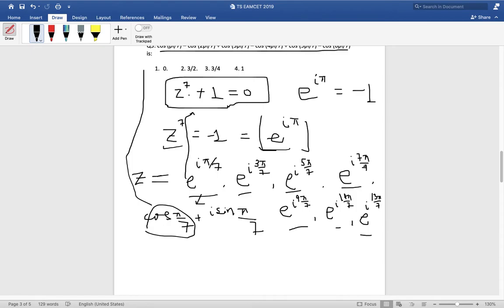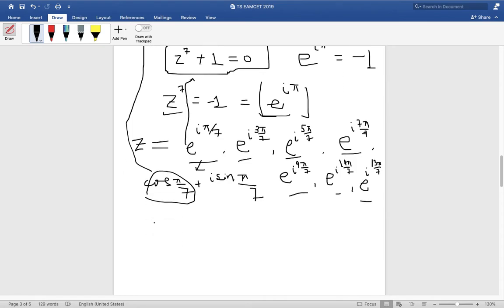So the sum of the roots should be 0. So all of these added will be 0. Right? So e to the power iota pi by 7 plus e to the power iota 3 pi by 7 plus e to the power iota 5 pi by 7 plus e to the power iota 7 pi by 7 plus e to the power iota 9 pi by 7 plus 11 plus 13 pi by 7 should be equal to 0.